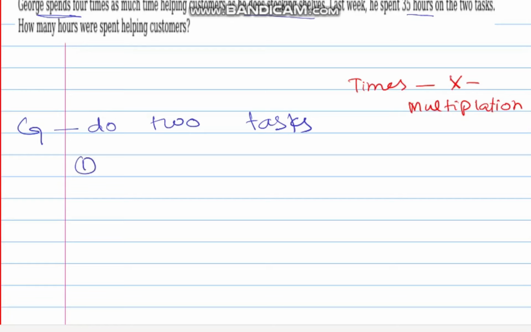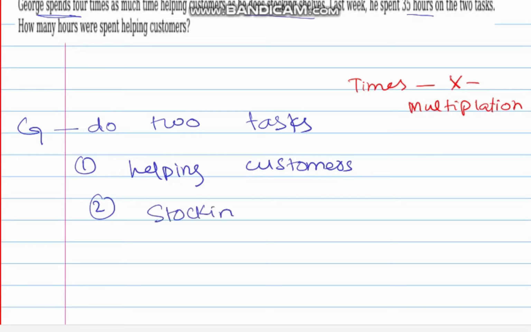How many tasks are there? Number one task is helping customers. He is basically an employee in a store or company. And the second task is stocking. There are two tasks he does.